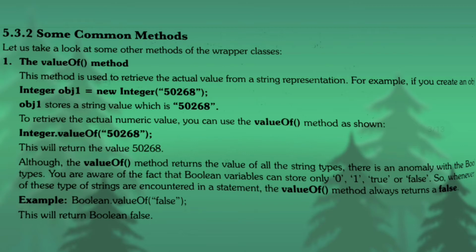Here obj1 is created using the Integer class and the value is 50268. It means obj1 stores the value 50268, which is a string value. Now we will find the actual numeric value using the valueOf method. For that you need to write the name of the wrapper class, that is Integer, dot the name of the method, that is valueOf, and within the parentheses you pass the argument, that is, within double quotes you have written 50268.